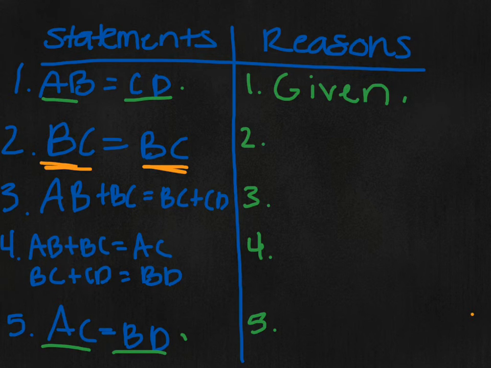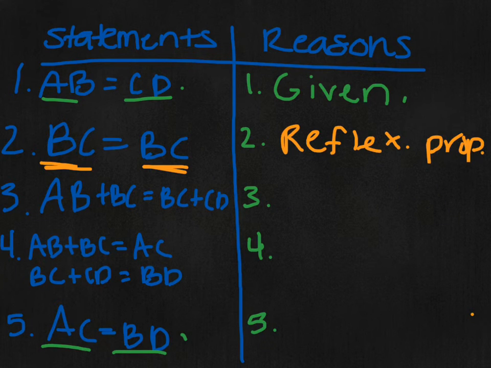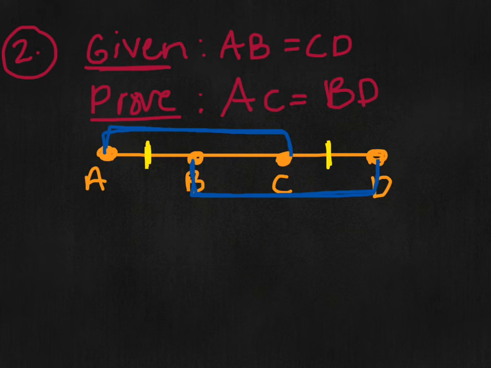If you go back to that property sheet that we talked about in the beginning of your notes, that's a reflexive property. Again, it's okay to abbreviate. When something equals itself, we call that the reflexive property. So that's saying that this right here is equal to itself.